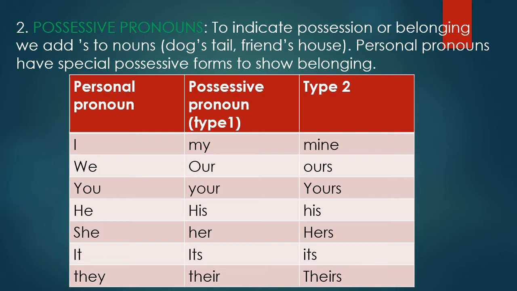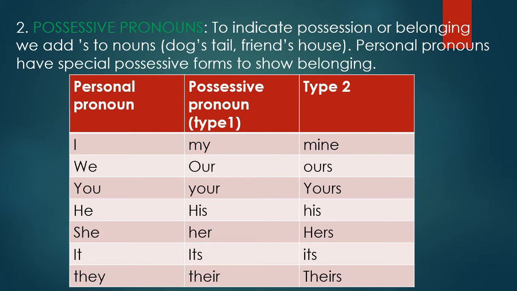Like my house, our house, your house, his house, her house. But here in type 2, we never use, suppose I say I am going to mine. Okay, we go to ours, you go to yours, he go to his, she go to hers. Okay, similarly, there are many other personal pronouns like we.